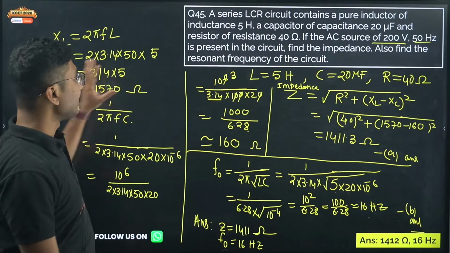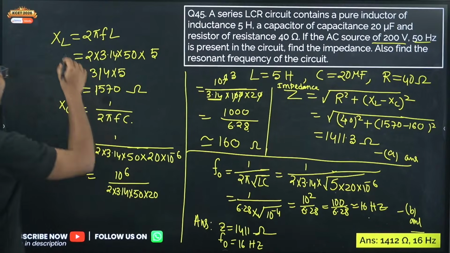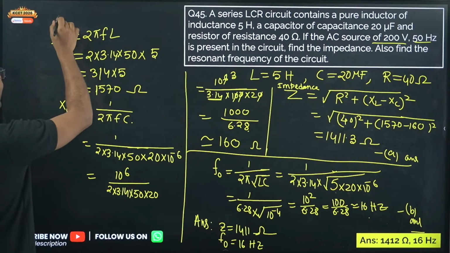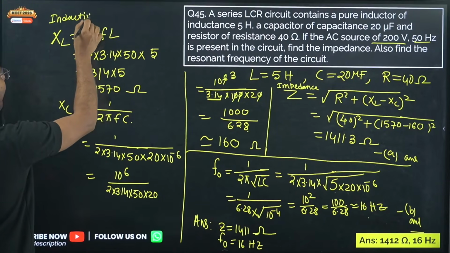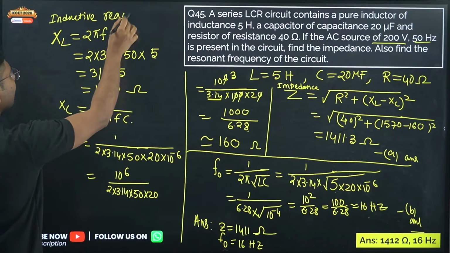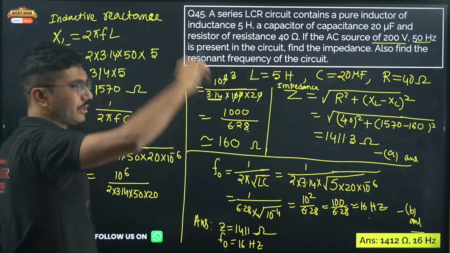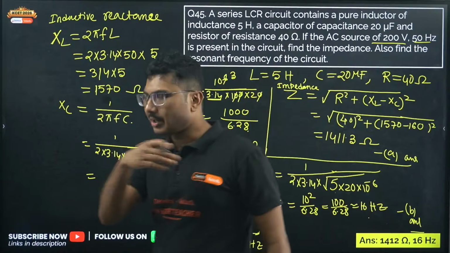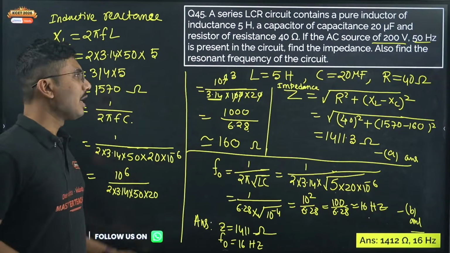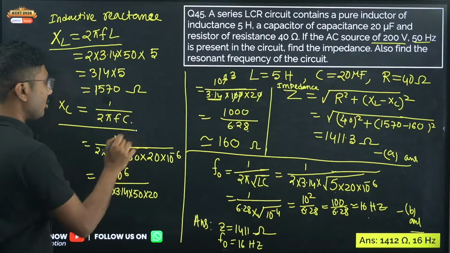You just need to mention all the given values, and if you can write inductive reactance and capacitive reactance, not necessary, but if you can do it, you can do it. No one asks you.